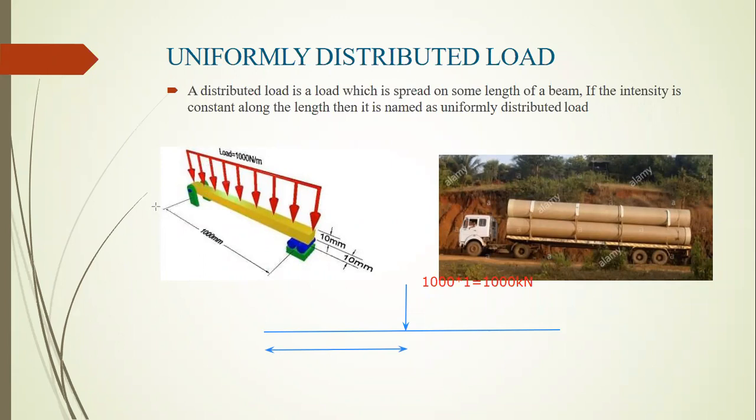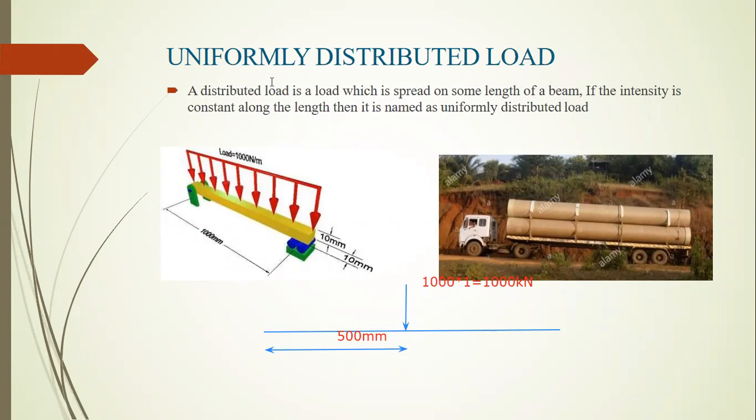If it is acting over a length of 1000 mm, it will act exactly at a distance of 500 mm. This is how you have to find the intensity. So from either end, this load will act at a distance of 500 mm.